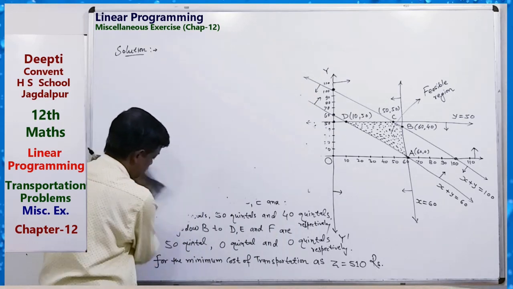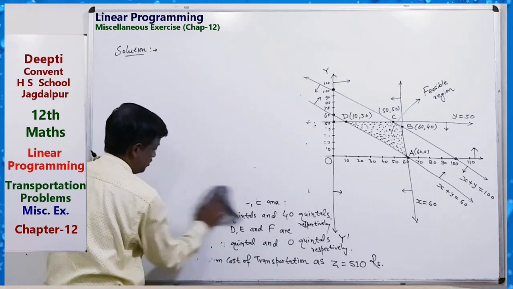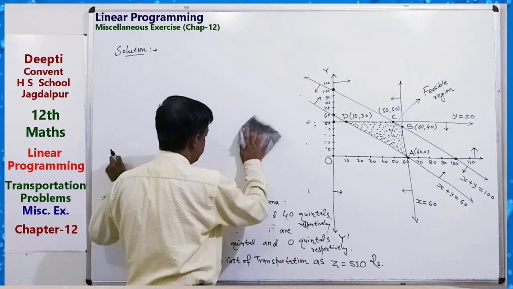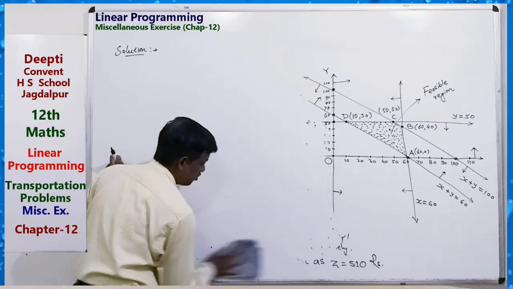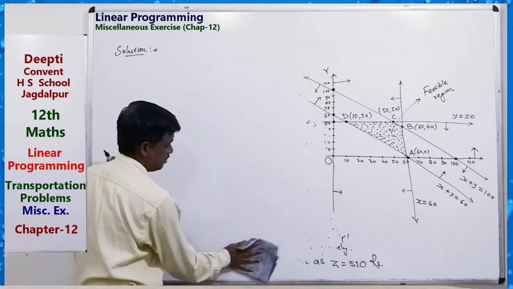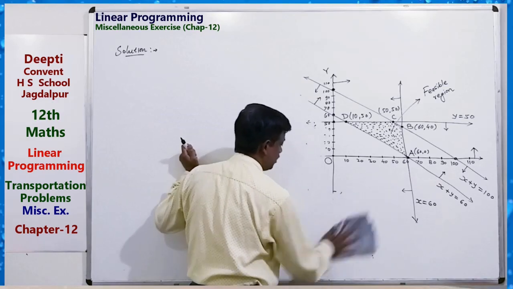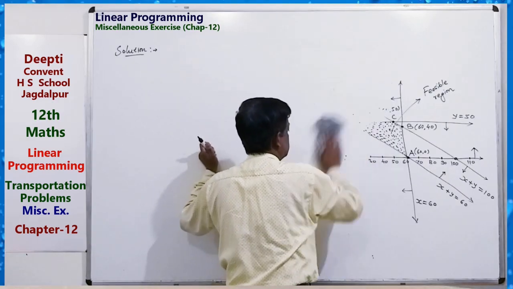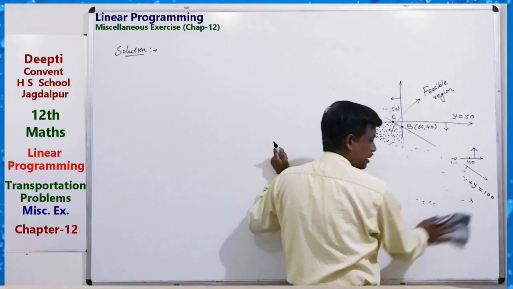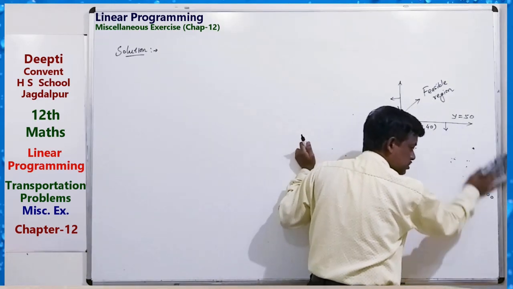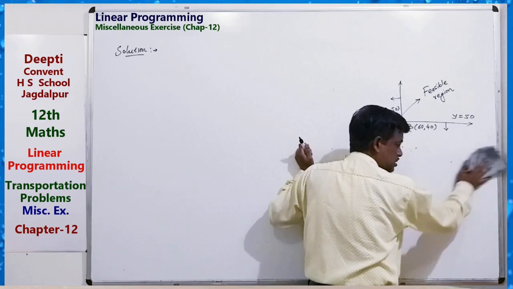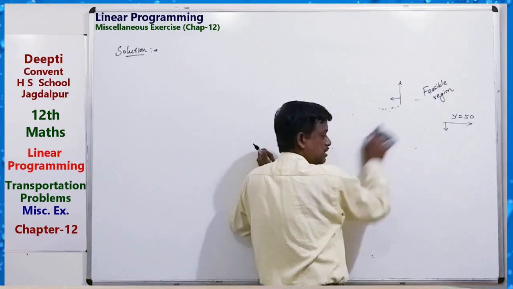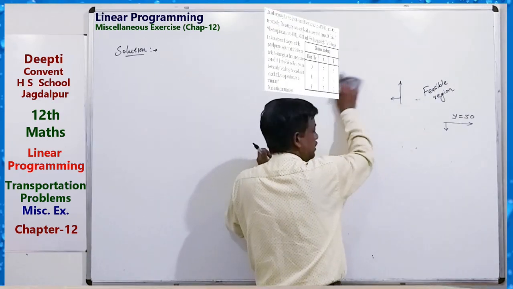For question 7, we have to formulate first of all, and then by drawing you can find a solution. The question is: an oil company has 2 depots A and B with capacities of 7,000 liters and 4,000 liters respectively.